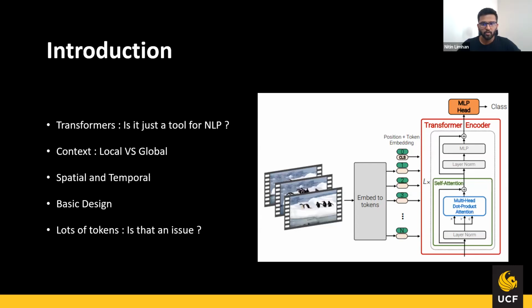First, we'll look into what transformers really are. Transformers were initially just used in NLP, but what we saw in vision transformers, which was covered in previous presentations, is that they are now challenging CNNs, which have been the backbone of vision-related problems for many years.